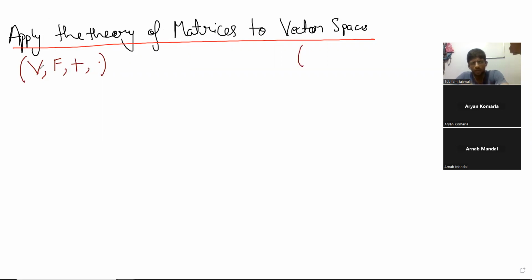One question: is it clear to both of you that if you forget this scalar multiplication, then V and this plus forms an abelian group? Yes, sir. Commutative. Perfect. All right. So that forms an abelian group.